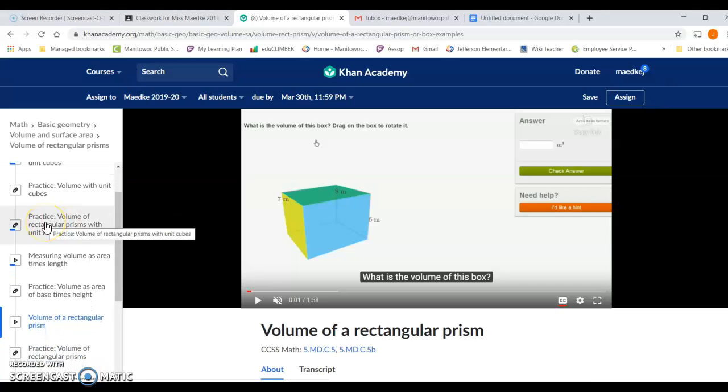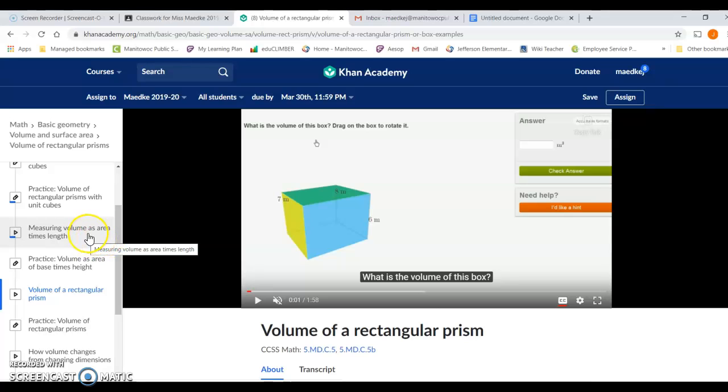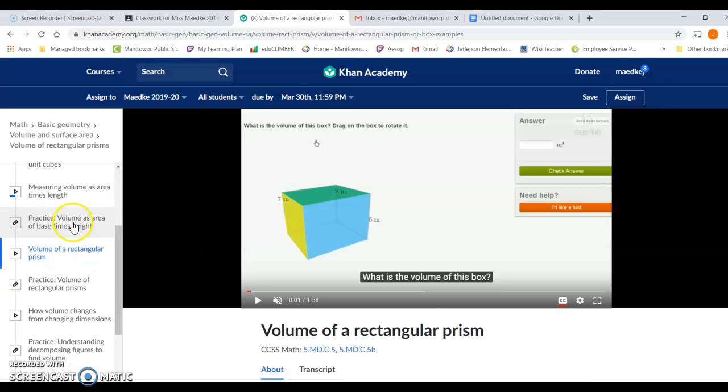I want you to do practice volume of rectangular prisms with unit cubes. I want you to watch measuring volume as area times length, which is another way to think about it. And then I want you to practice the volume as area of base times height.